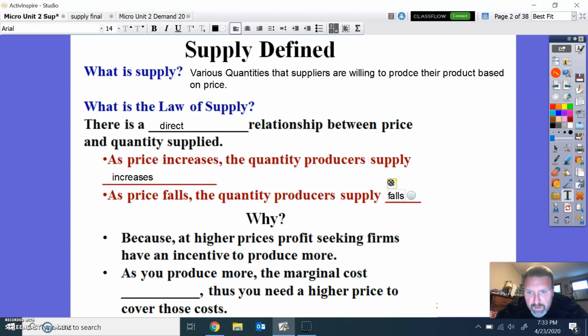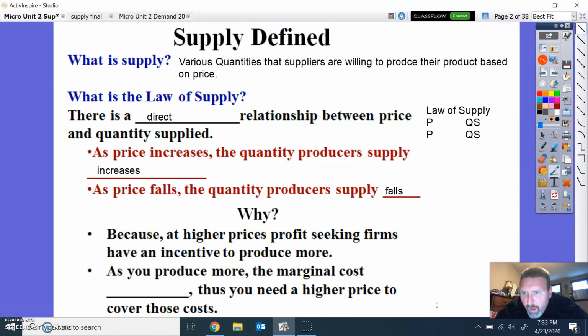So when we look at this now, law of supply. Understand P, quantity supplied. When I take out my little arrow guy, as price goes up, quantity supplied goes up.